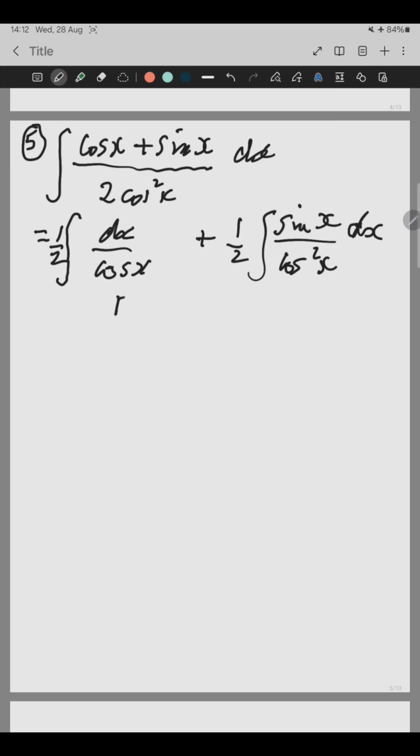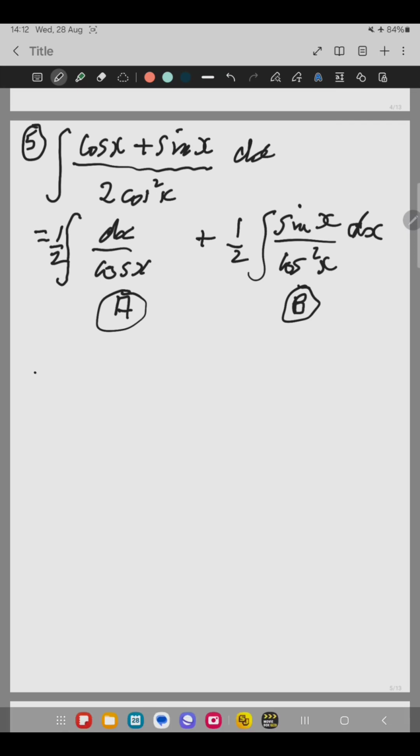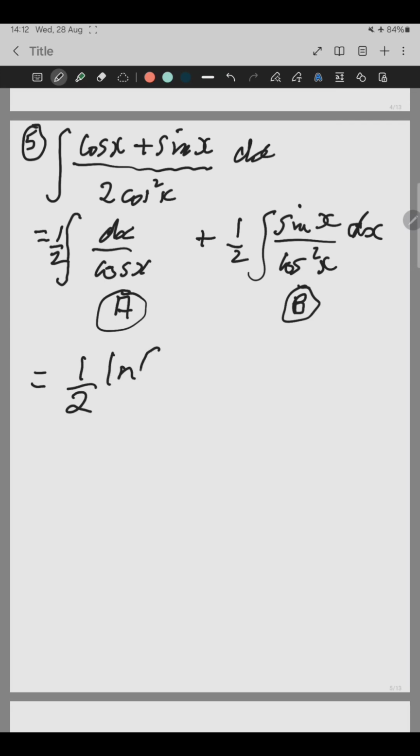I'll call that a, and this fellow here b. Well, the first one is a standard integral which we've done before, so that is 1/2 log n of sec x plus tan x. That's a.